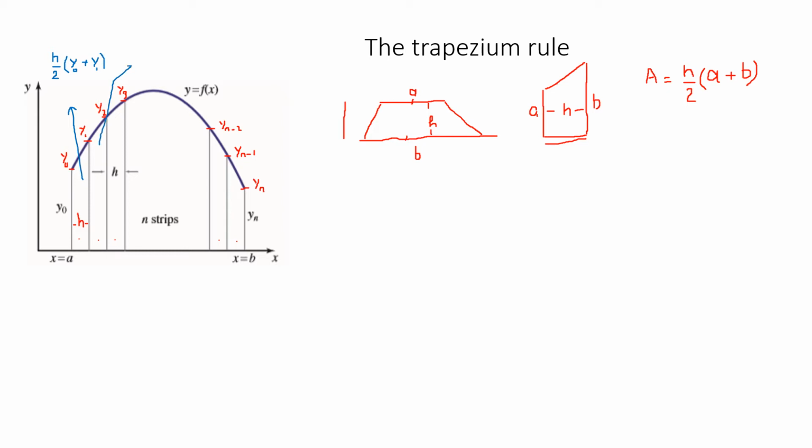Similarly for this one, it will be h by 2 into y1 plus y2, and for this one h by 2 and y2 plus y3.